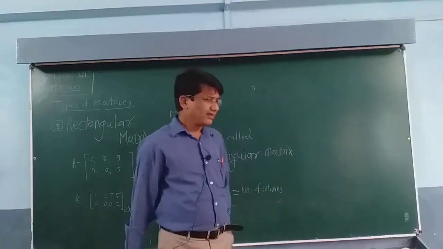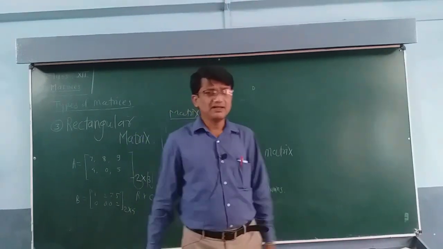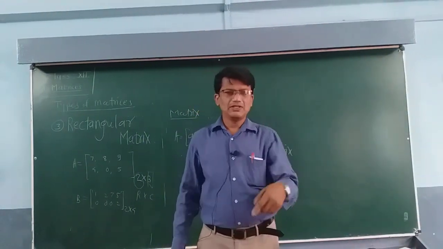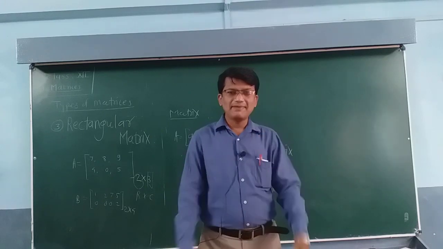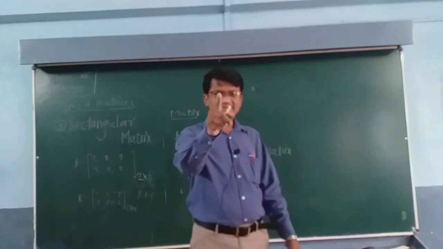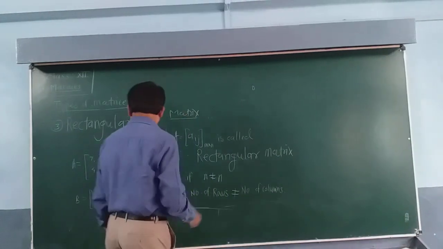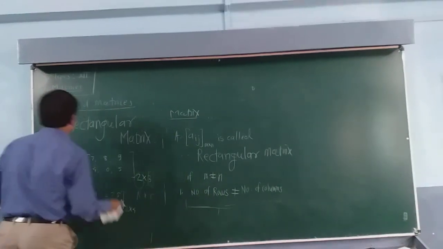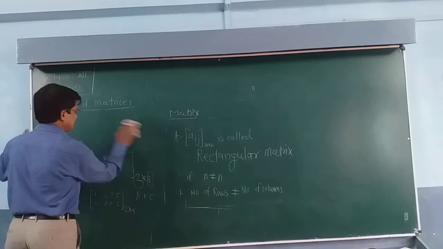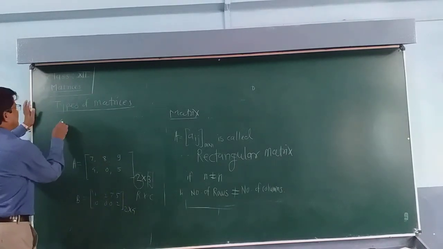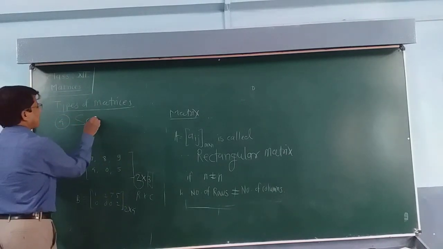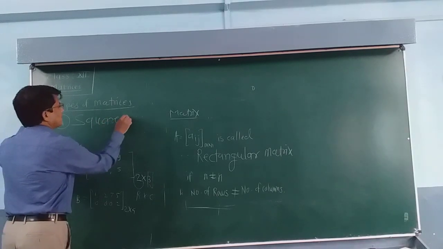Okay. But if the number of rows is equal to the number of columns, then what will happen? It will be a square matrix, and that is a new type of matrix. So here, instead of rectangular matrix, we can say square matrix. Number 4, square matrix.